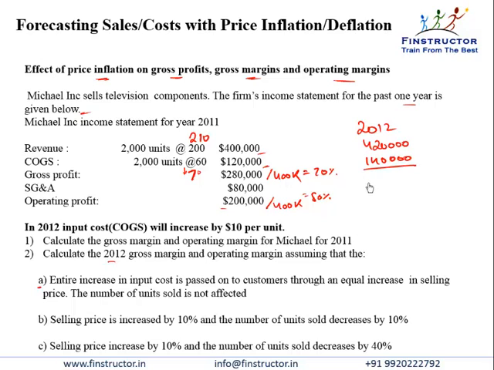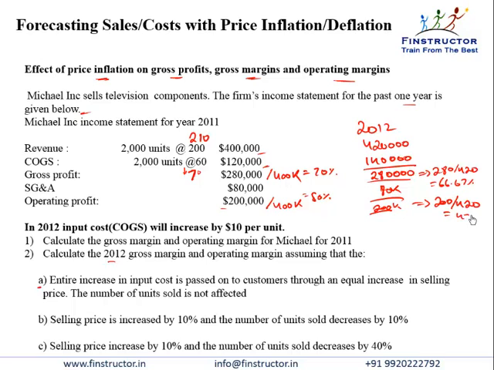The gross profit would be equal to $280,000. The gross margin now will be 280 divided by 420, and the operating profit will continue to remain $200,000. The operating margin, however, will become 200 divided by 420.